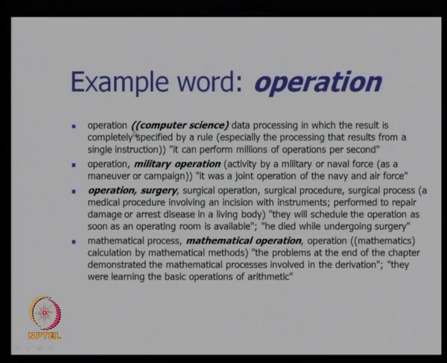The running example is the word operation, which can have a computer science sense, or military operation sense, or medical operation sense, or mathematical operation sense. So, the goal would be to find out the sense of the word as dictated by the context.